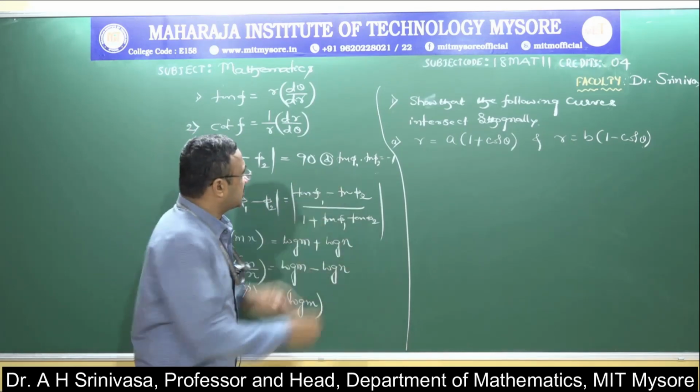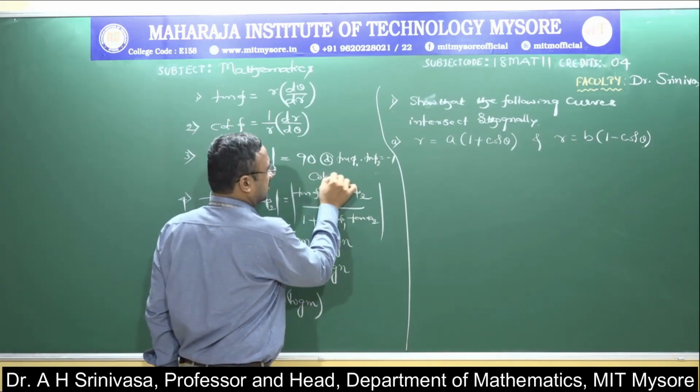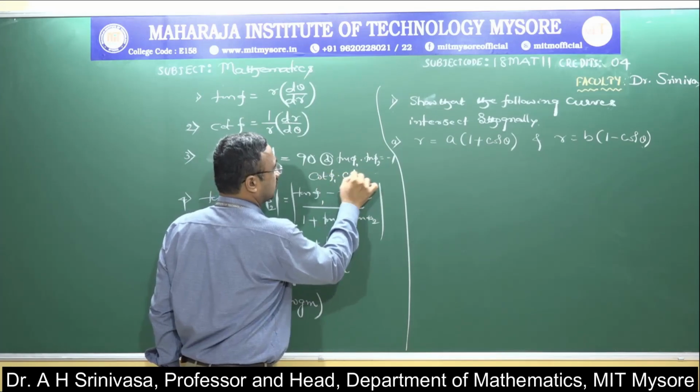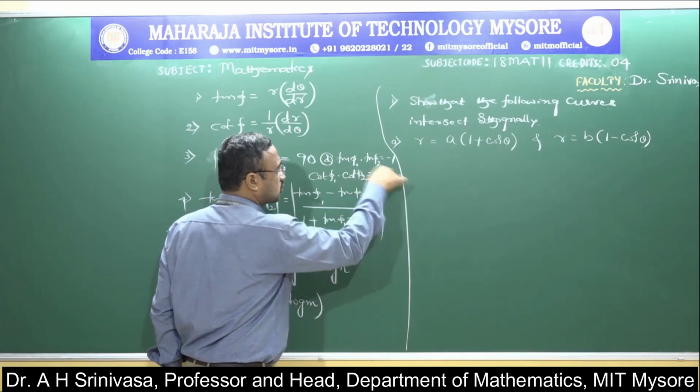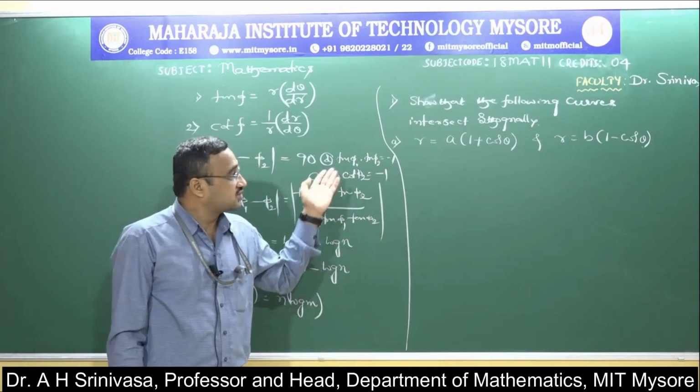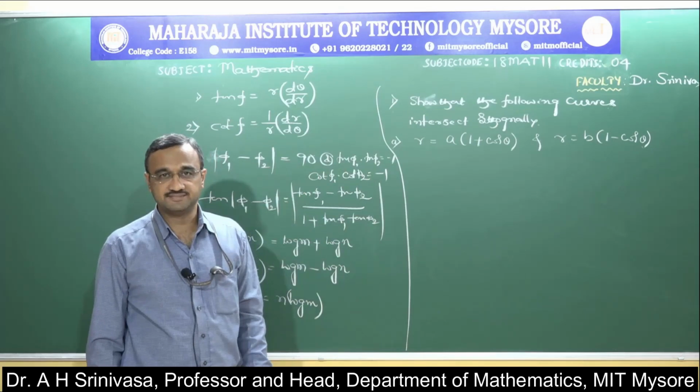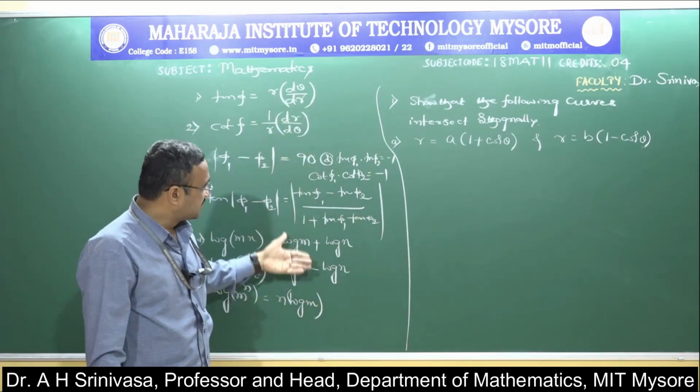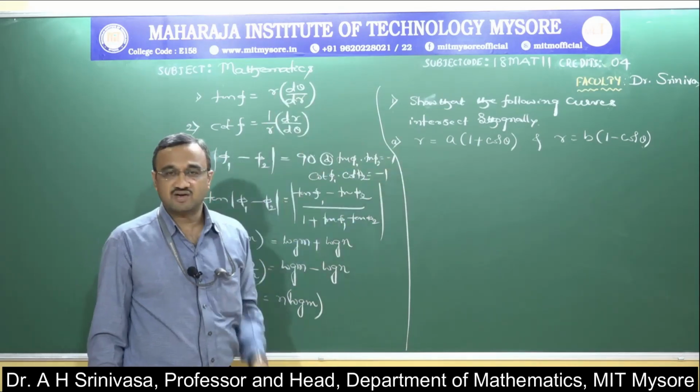Or sometimes we can also use cot phi 1 into cot phi 2 equal to minus 1. That is also valid for showing the curves intersect orthogonally. So you have to remember all these results, then we can easily evaluate it.